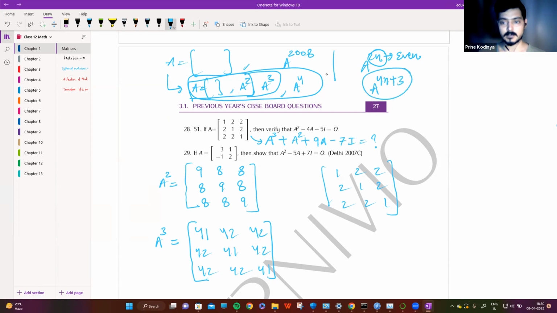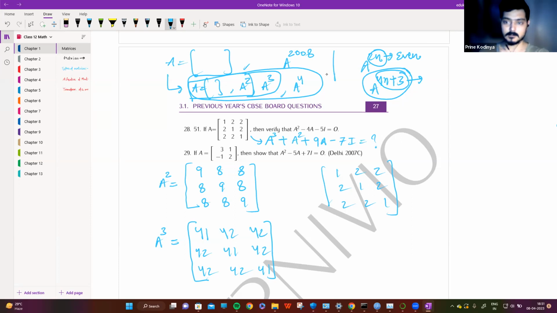Now, what does this mean? A to the power 4n plus 3. Can you tell me what you understand by 4n plus 3, where n is a natural number? If n is a whole number and you give values of n, the first value of n is 0.